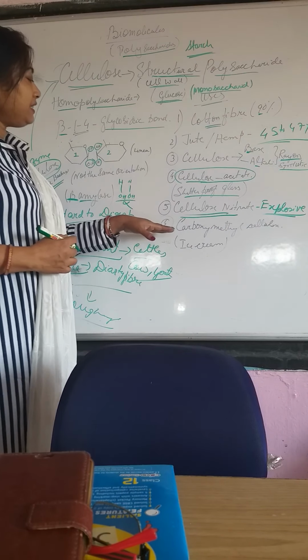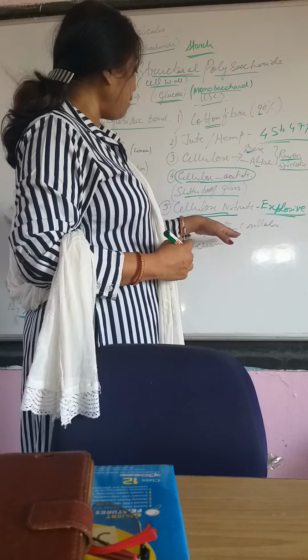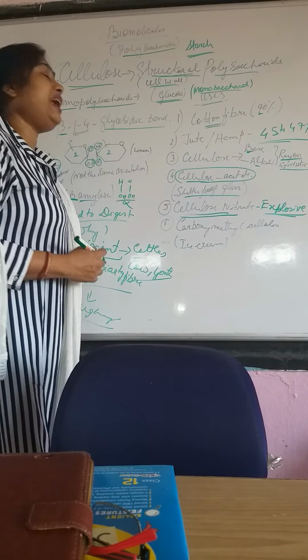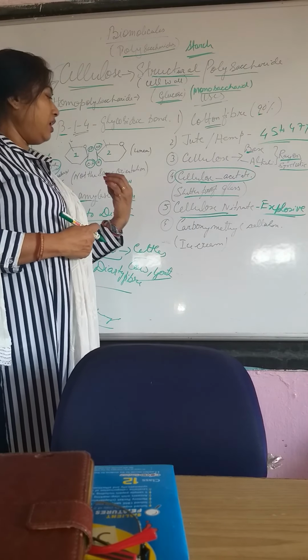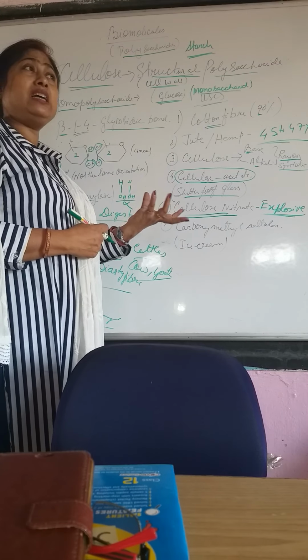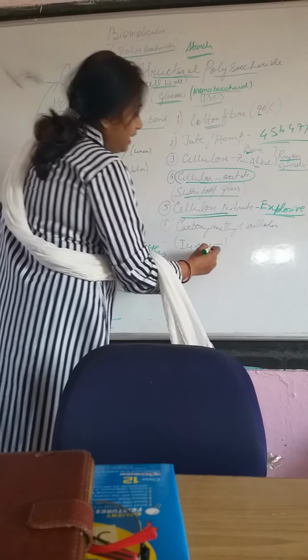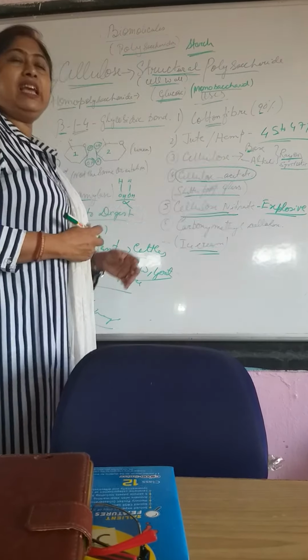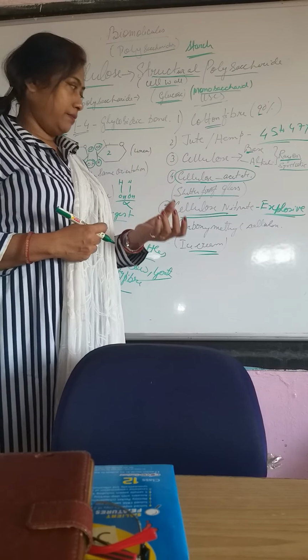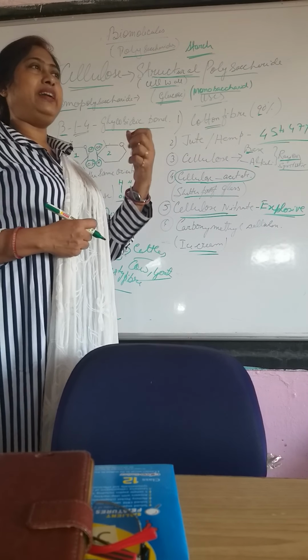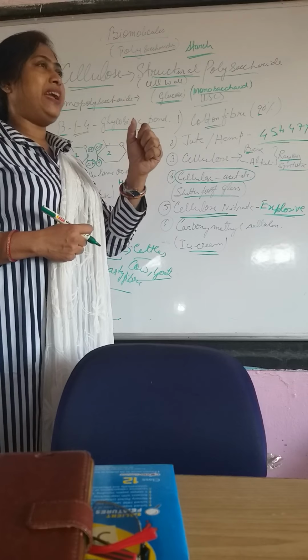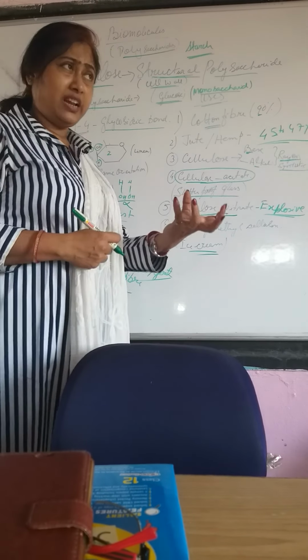And lastly, carboxymethyl cellulose. Now it is used as a softening and stabilizing agent in ice cream. See, ice is a very brittle one. If you take the ice and break it into pieces, it has a very hard structure.